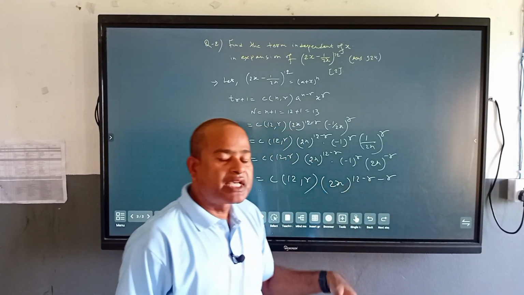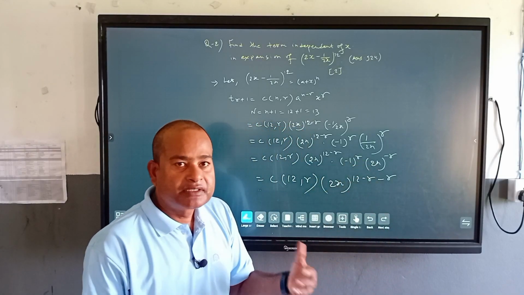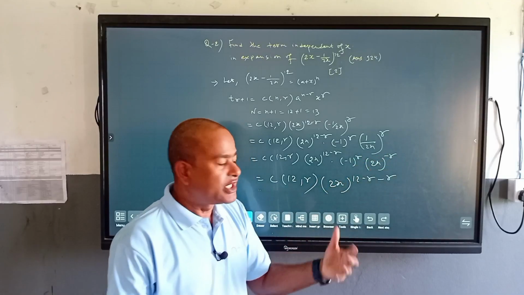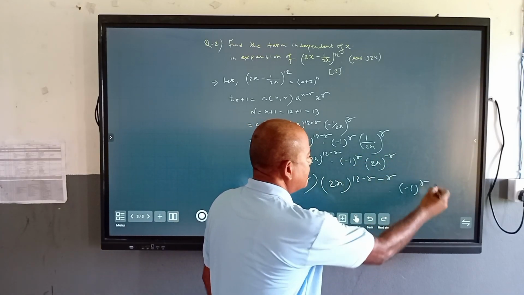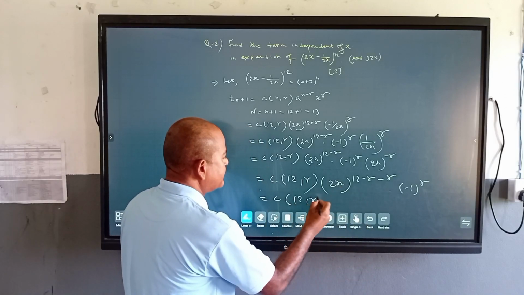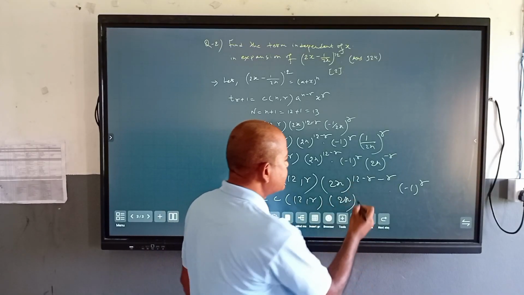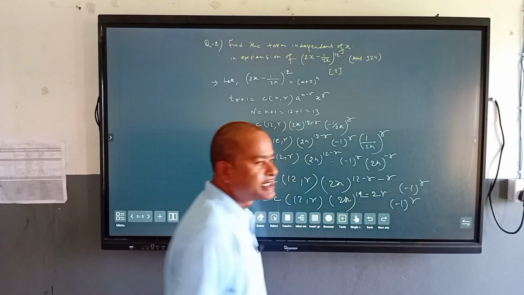When the bases are the same, then according to the laws of indices, we can multiply the two terms. So base keeping as it is, and we have to add the powers: 12 minus r and minus r. After adding, we get C(12, r) (2x)^(12−2r), and this (−1)^r as it is.